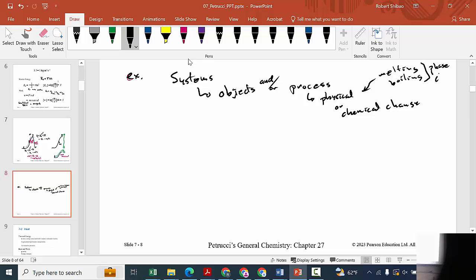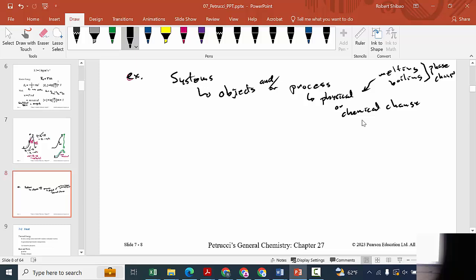So we call these phase changes. And so that's what I'm talking about in this. Although like translation, if a molecule translates from one position to another, you could call that a change as well, but it's not this type of change that I'm considering here. That would be more just like kinetic energy.